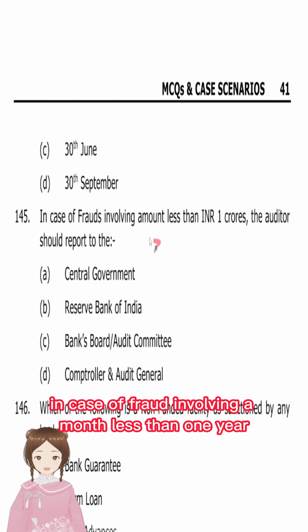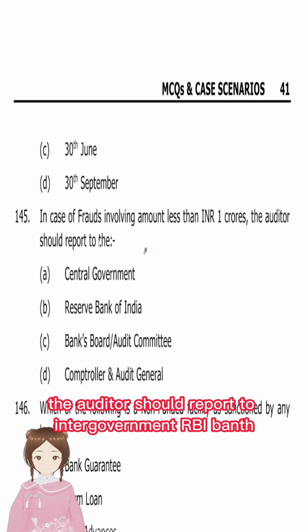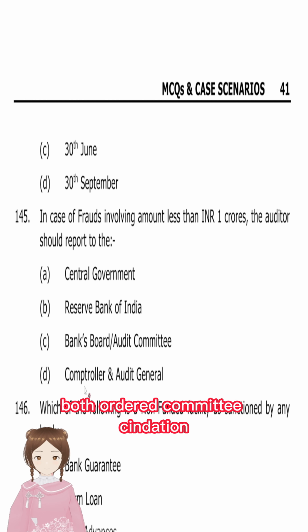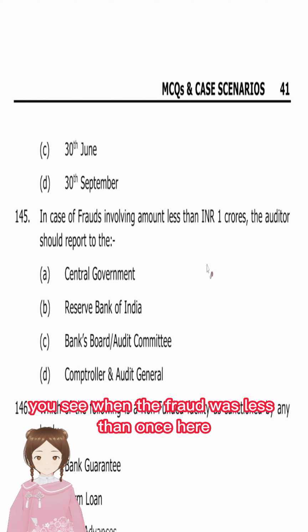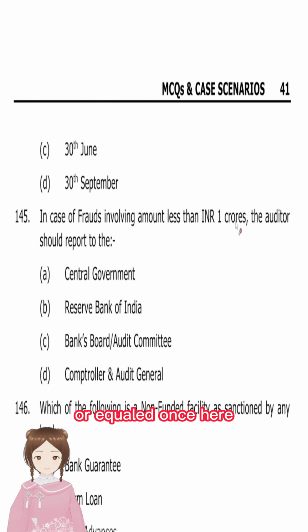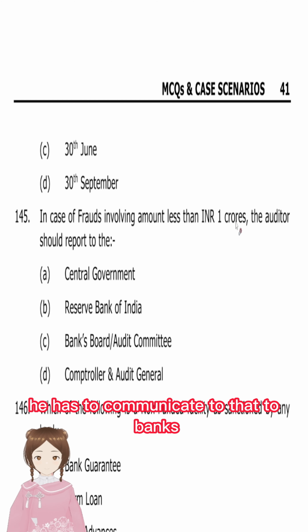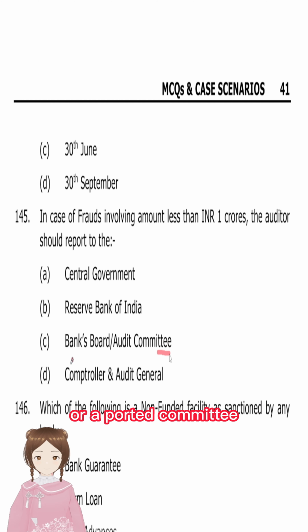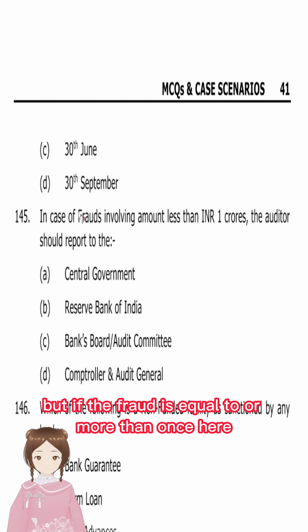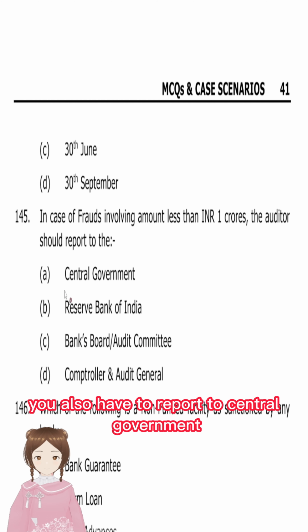In case of fraud involving an amount, the auditor should report to the central government, RBI, bank board, audit committee, or C&AG. When the fraud is less than 1 year, the auditor has to communicate to the board or audit committee. But if the fraud is equal to or more than 1 year, you also have to report to the central government.